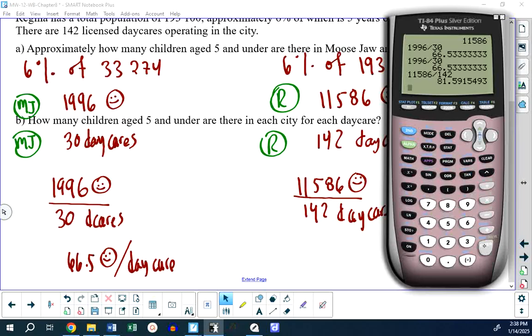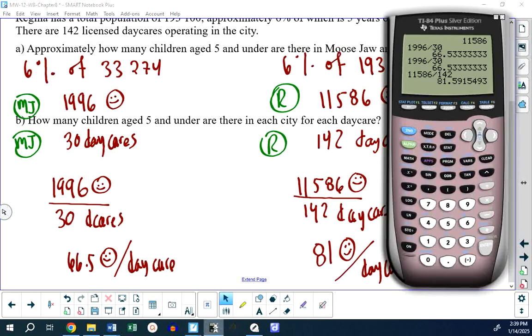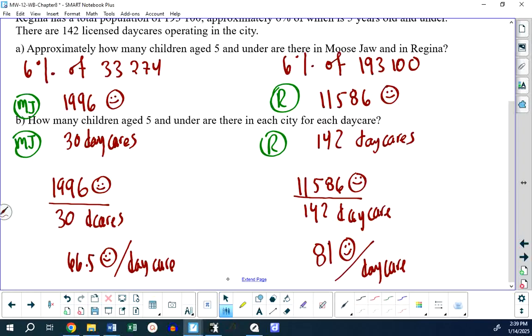Wow. Even more. Now, keep in mind, not all of the children are necessarily in daycare. I guess I'll round that to 82. Not all of the children are necessarily in daycare.